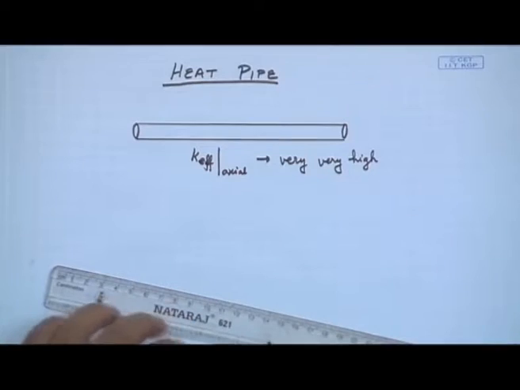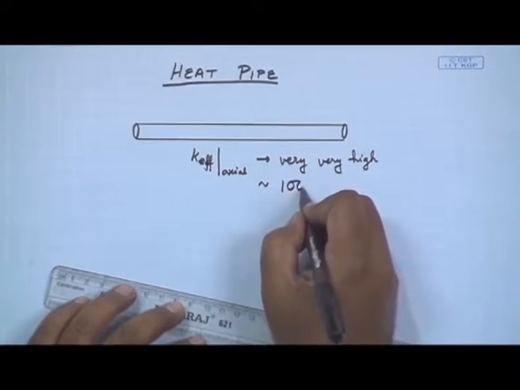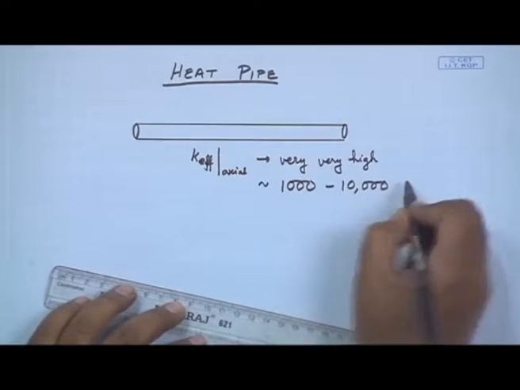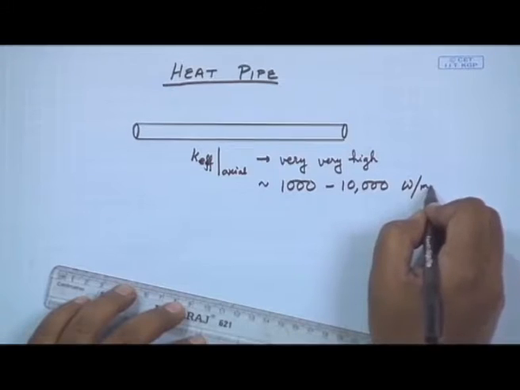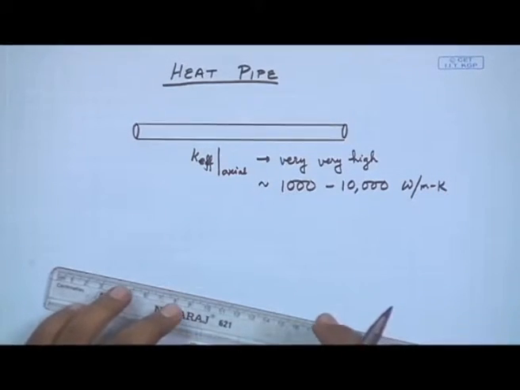Now what do I mean by very high? It is of the order of 1000 to 10,000 watts per meter Kelvin, depending on a variety of parameters which we are going to discuss later.